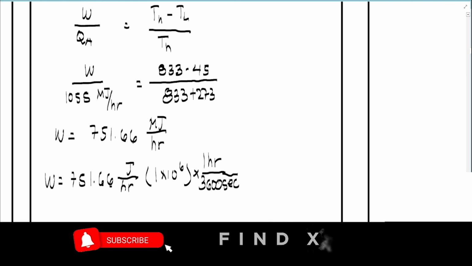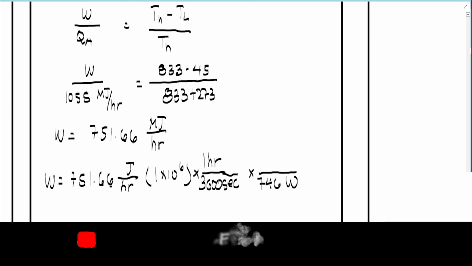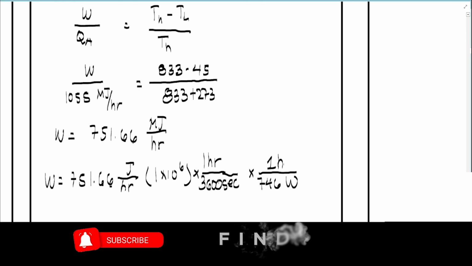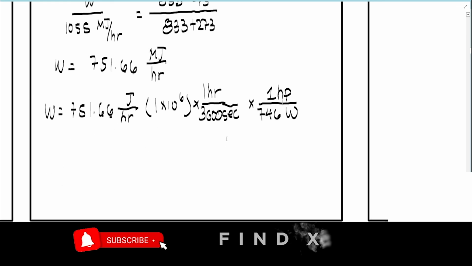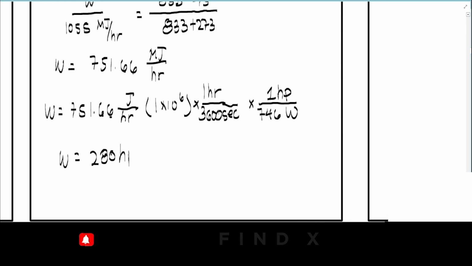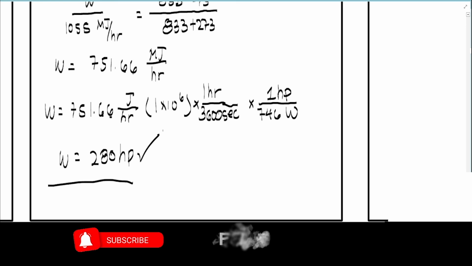Now that is in joules per second, and joules per second is already in watts. So now we have to convert watts into HP or horsepower. The conversion for that one is 746 watts to 1 horsepower. So the final answer should be in horsepower, and the answer is approximately 280 horsepower. Okay, so that's it. Let's have the next one.